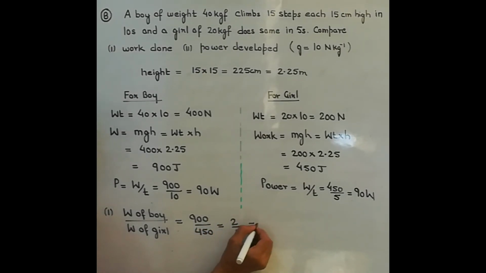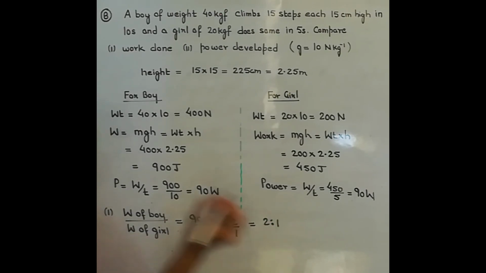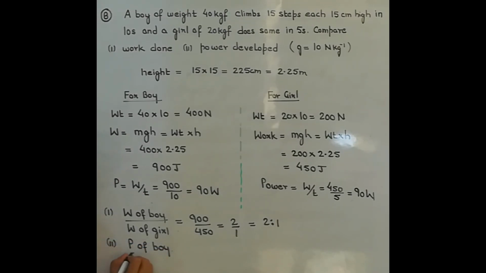So the ratio is 2:1. Next we have to compare power. 90 of boy, 90 of girl. So the ratio of the power will be 1:1.